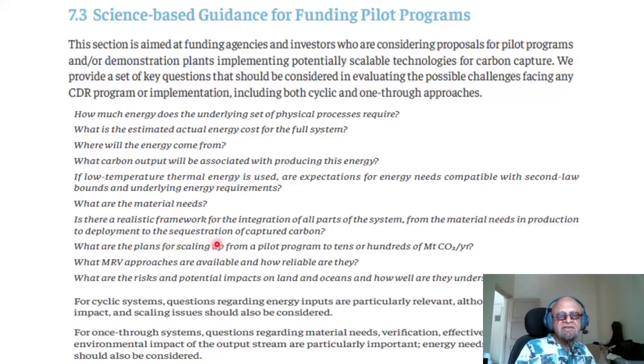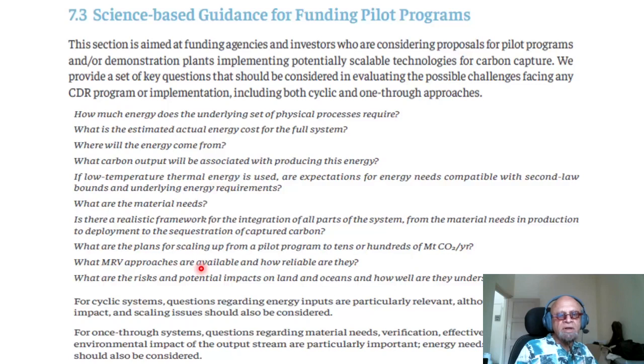Is there a realistic framework for the integration of all parts of the system, from the material needs in production to deployment to the sequestration of captured carbon, so full life cycle, technology readiness level? What are the plans for scaling up from a pilot program to tens or hundreds of millions of tons of CO2 per year to eventually reach gigatons and tens of gigatons?